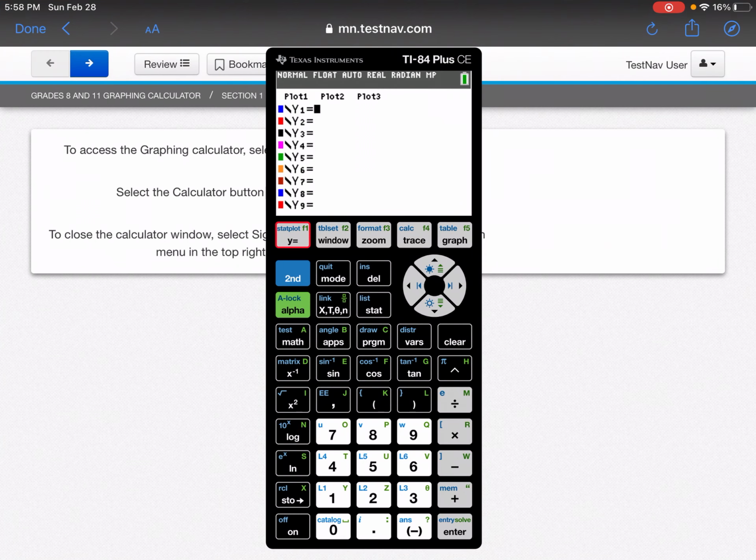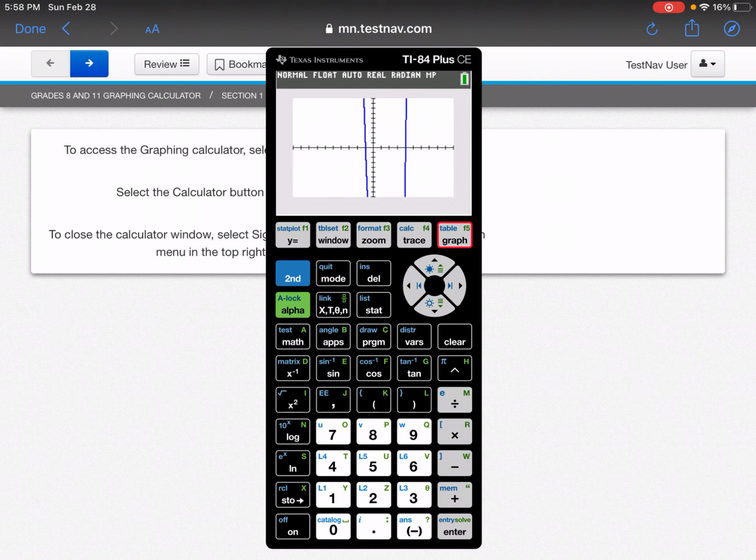We're going to type in that big polynomial here, x to the 4th minus 3x to the 3rd plus 5x squared minus 27x minus 36. Okay, now I can't see the whole thing, but usually a 4th degree kind of has the W shape.